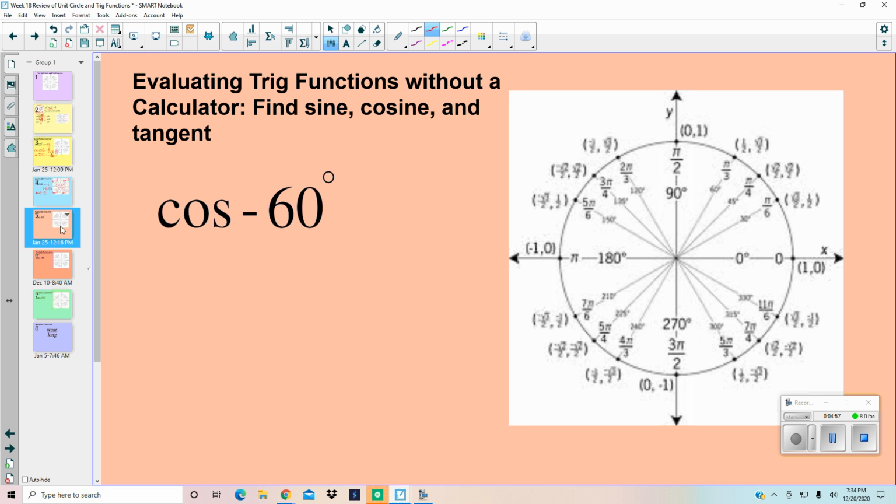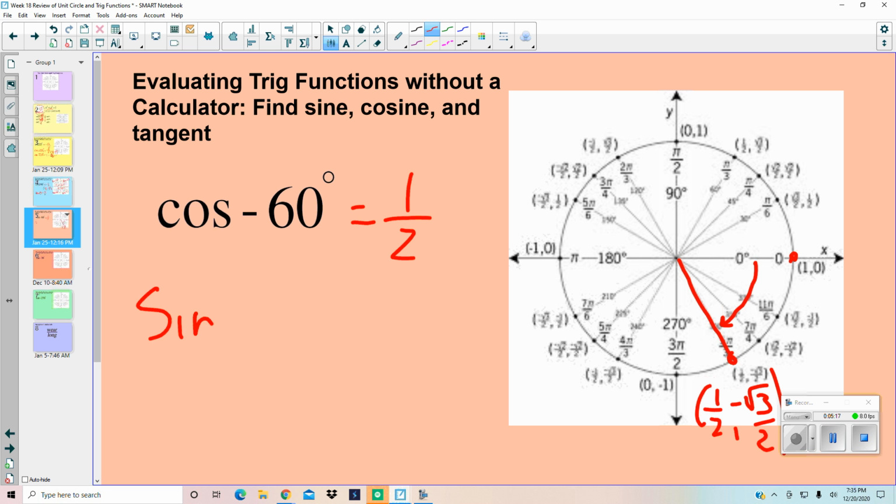Let's do another one. Cosine of negative 60. Remember, we start at 0, and if I'm rotating negative, then there's 30, there's 45, and 60 is going to be right here. My ordered pair is 1/2, negative root 3 over 2. So the cosine is going to be positive 1/2. The sine at negative 60 would be negative root 3 over 2.